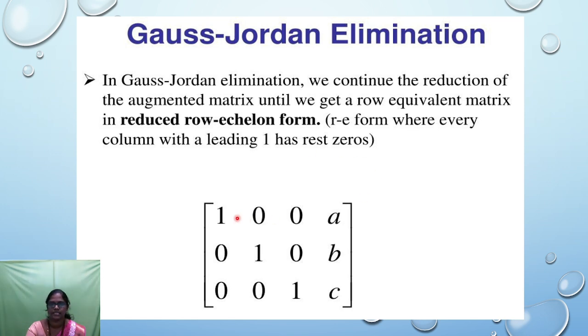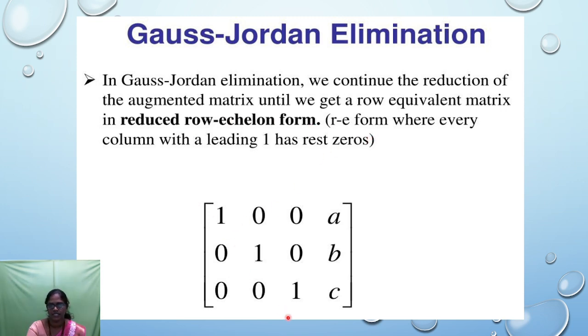That is, the diagonal elements will be 1 and the remaining elements will be 0. Here, check: in the Gauss elimination method, we continue the reduction of the augmented matrix until we get a row equivalent matrix in reduced row echelon form. Reduced row echelon form.